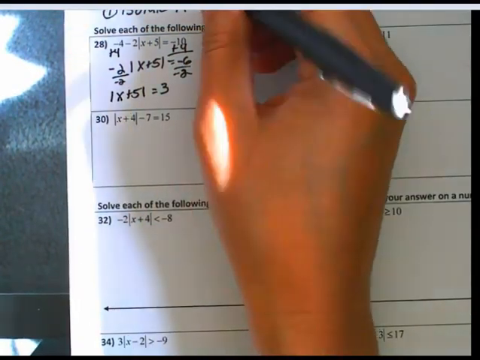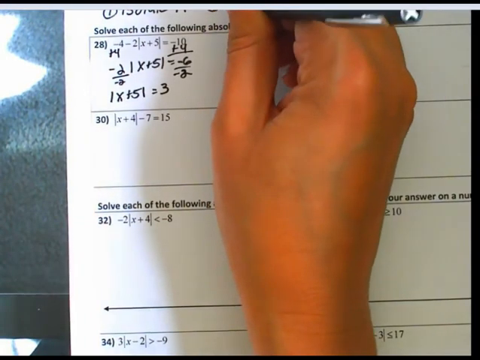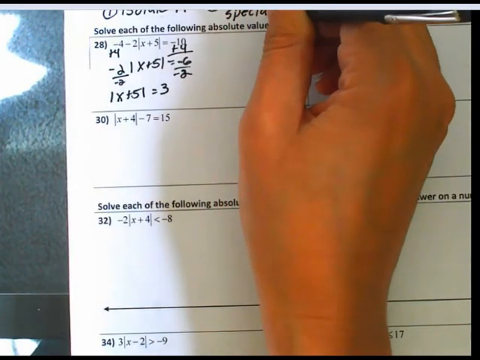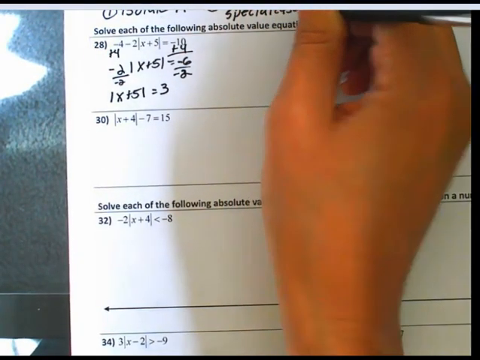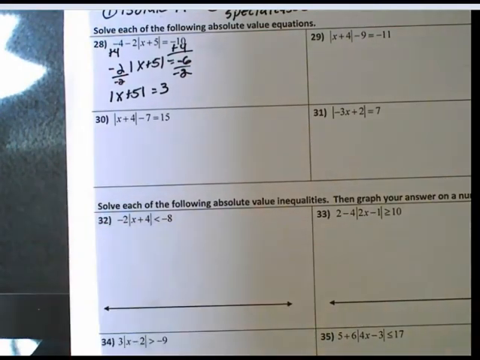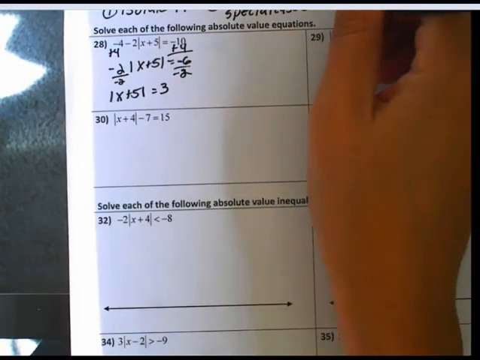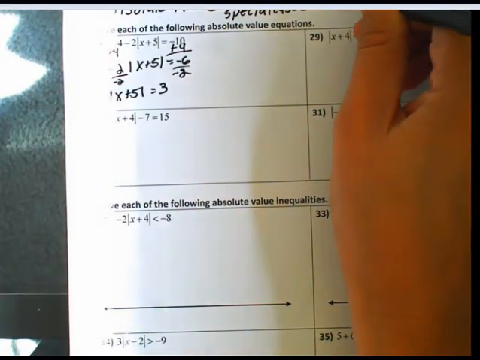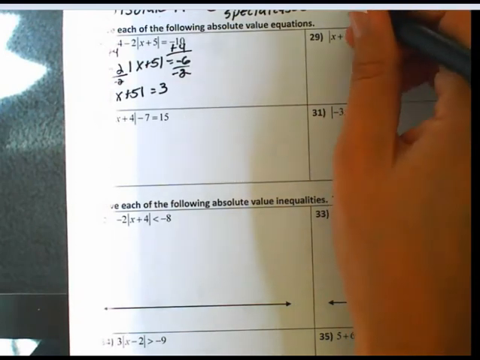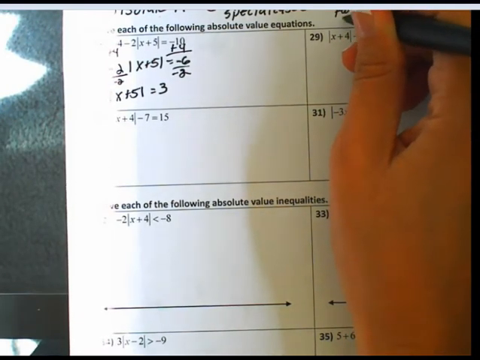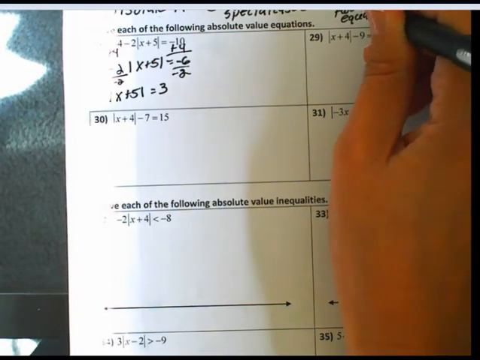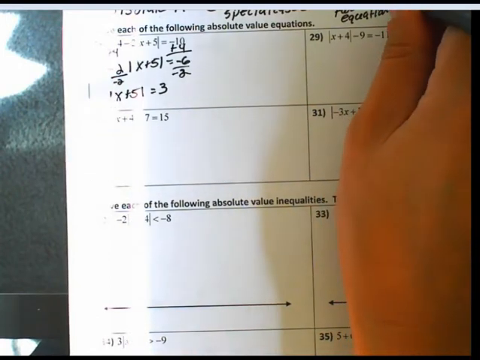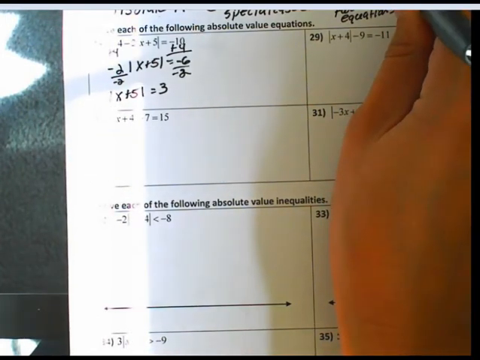Okay, so the absolute value of x plus 5 is positive 3. So the second thing is, once you've isolated, check for special cases. This is not a special case, so then the next step is to set up your 2 equations. Remember, because there's 2 answers to these. One to the positive and then one to the negative.